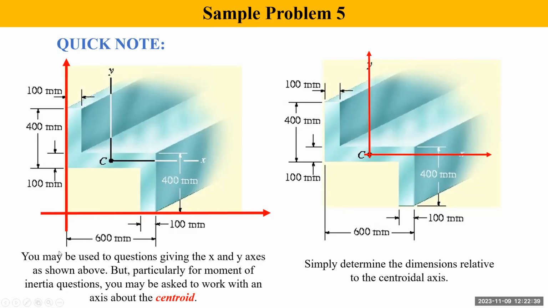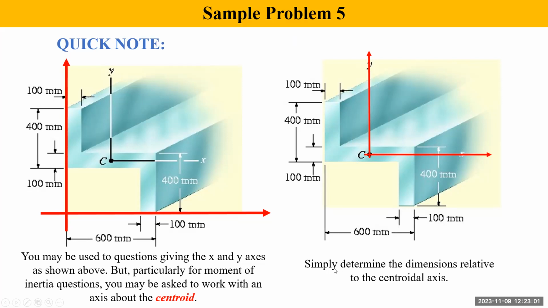All right, what do they say? They say you may use this question given X and Y axis as shown, but particularly for the moment of inertia question, you may be asked to work with an axis about the centroid. So you may be asked to work on an axis about the centroid, and that is true, right?